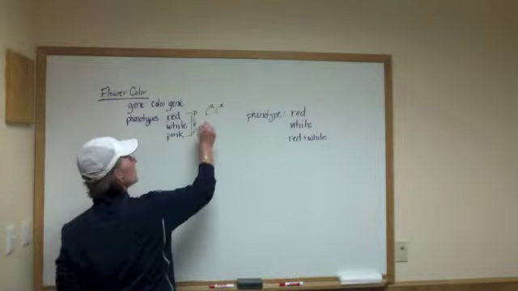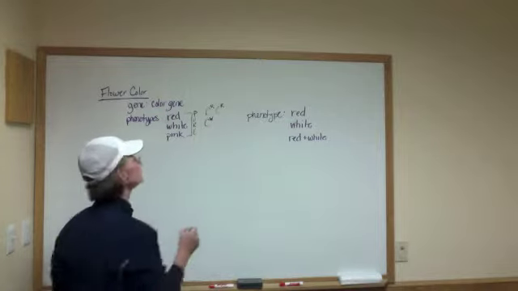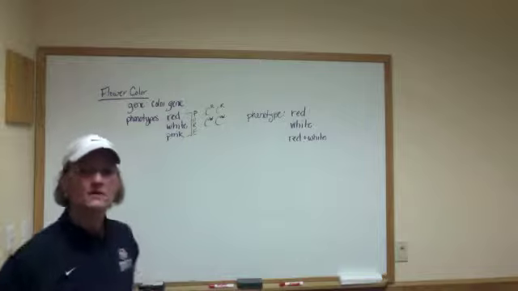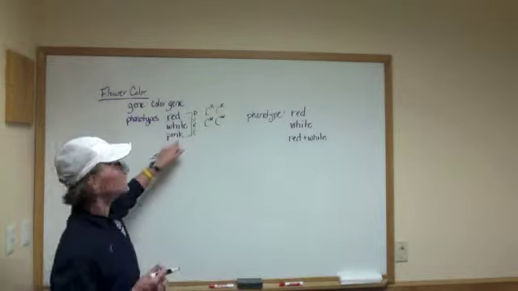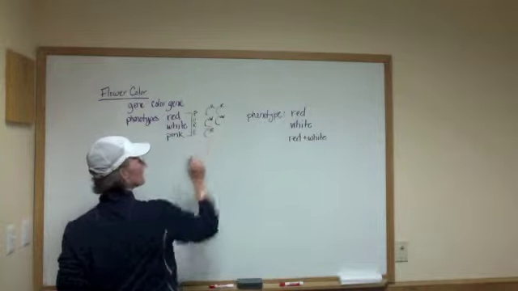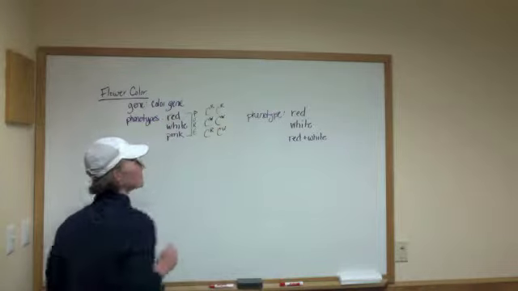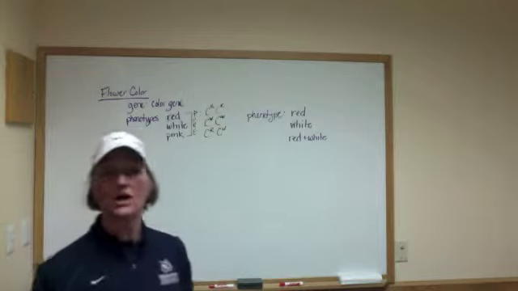If a plant is white, the color gene comes with a white allele, and the other parent carries a gene that carries the white allele. However, we see something different in pink. In a pink plant, one parent donates the red allele, and the other parent donates a white allele. This is called incomplete dominance.